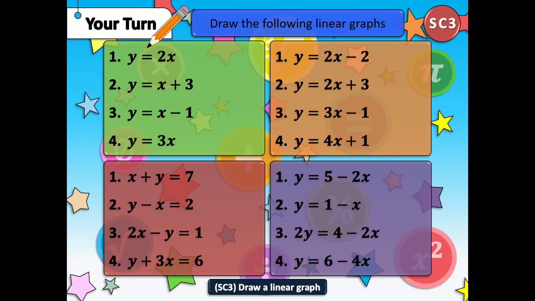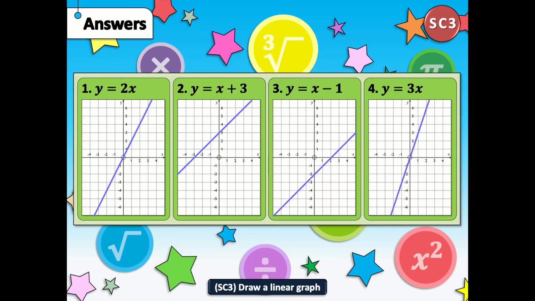Here's some questions for you to have a go at. Pause the video, and when you're ready to mark your work, press play. Here are your answers. So there's your green answers.